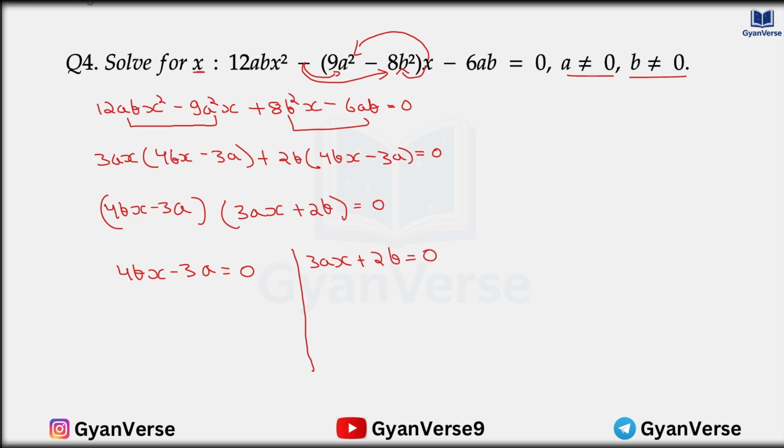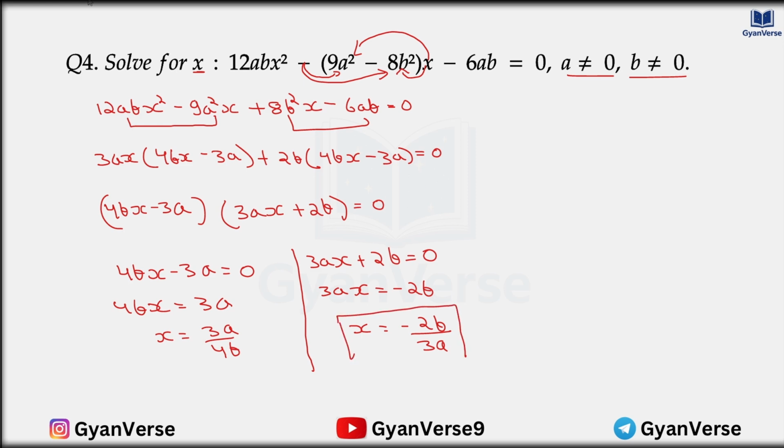So you can shift everything to the right hand side except x: 4bx equals to 3a, x will be 3a upon 4b, and here 3ax equals to minus 2b, and x will be equal to minus 2b upon 3.